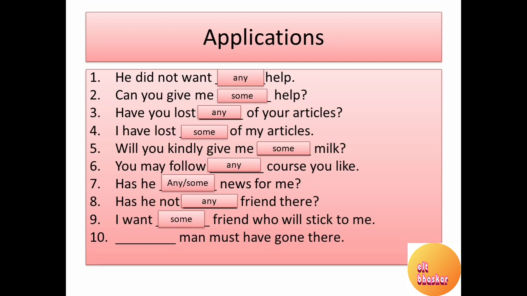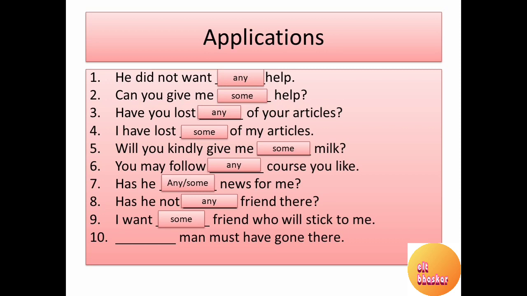I want some friend who will stick to me. So here it is a ray of hope. There is a ray of hope the speaker is referring to. Okay, so I want some friend. As I told you, any is more indefinite, so if we use any here, the sentence would not make sense, and therefore we are using some here. I want some friend.